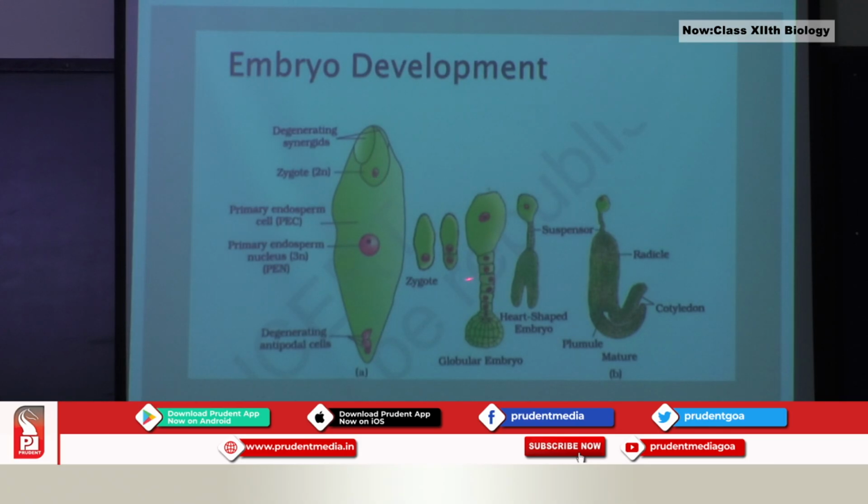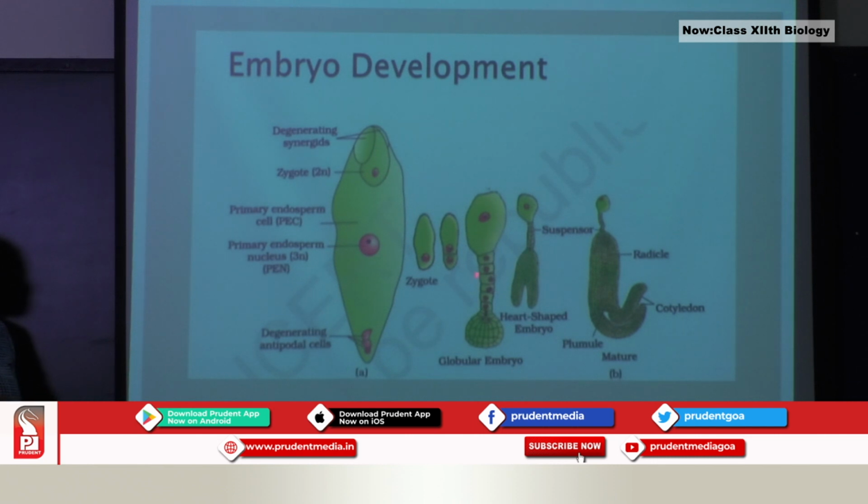The suspensor is growing and it helps to push the embryo into the nutritive tissue or the endosperm. Where is the endosperm located, students? This is the place where the zygote is, which will become the embryo, and this is the area where the endosperm is getting formed or is located.